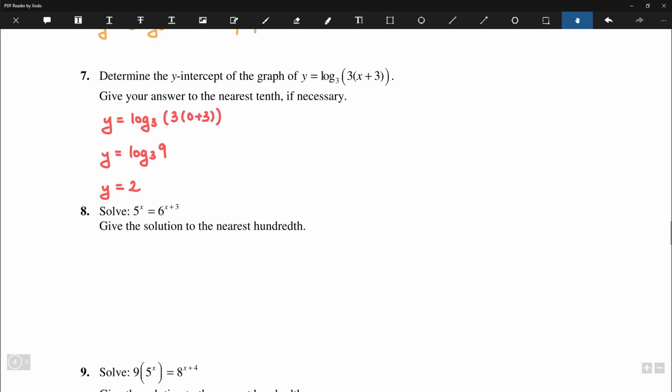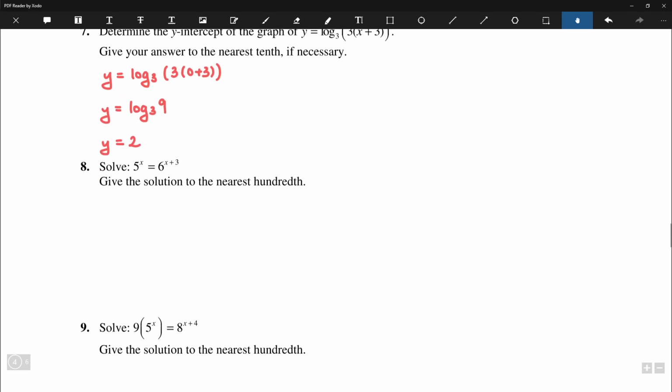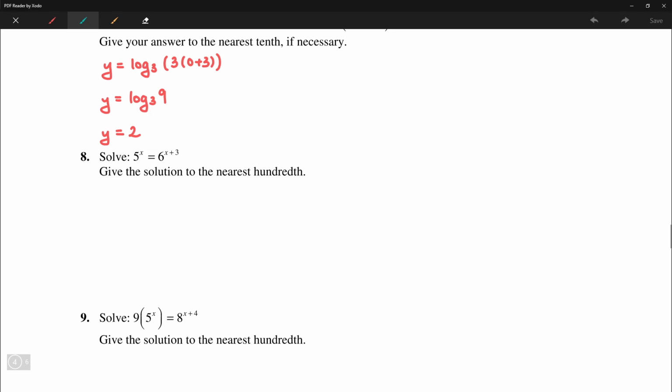Okay, number 8. Here we go. We can take the logarithm of both sides and then use the power rule first. So we have x log 5 is equal to x plus 3 times log 6.